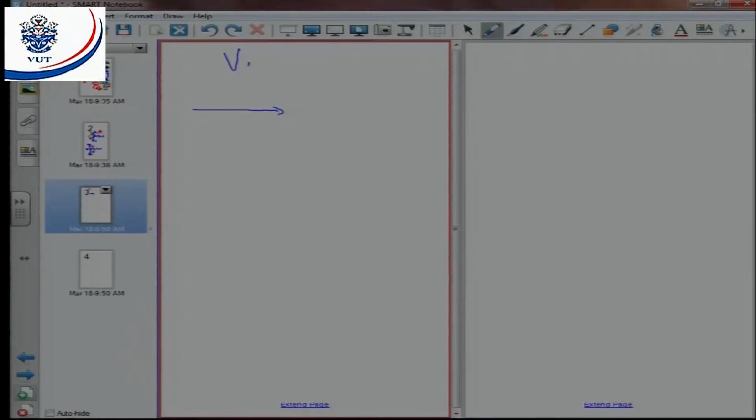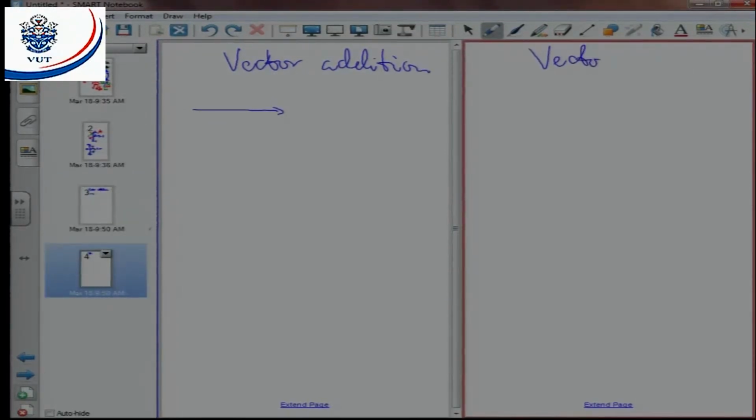So here we are looking at vector addition. Okay, so it's the same thing this side, vector addition.